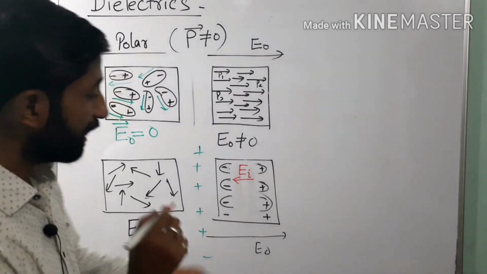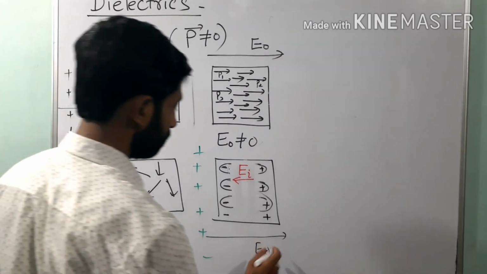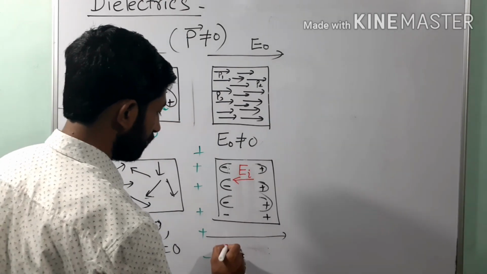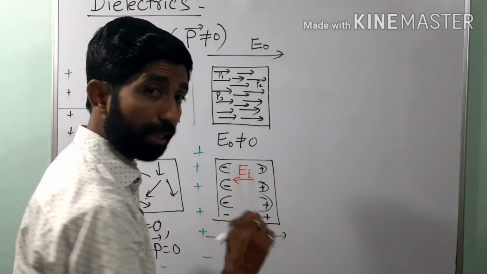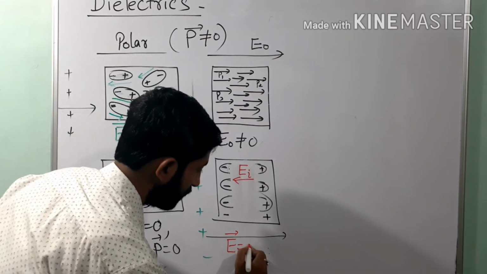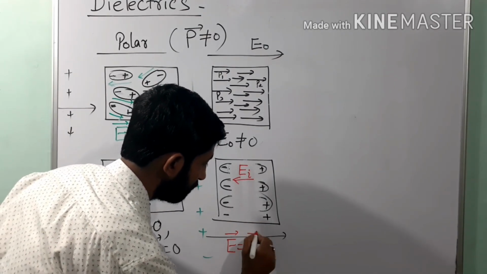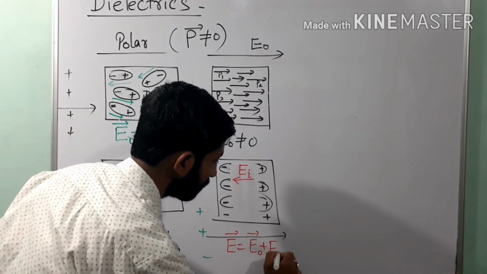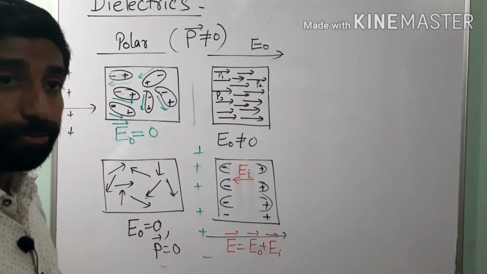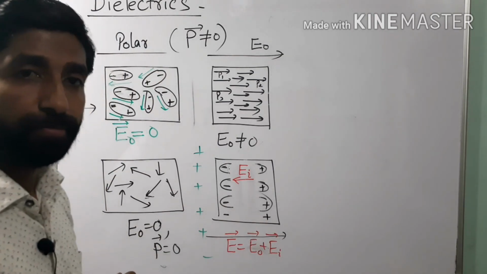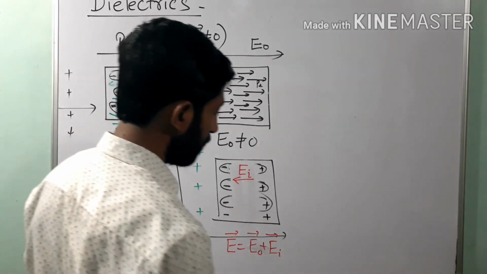So the net electric field will be where? The net electric field is given by E vector. I am writing the vector equation. Remember, this is the external electric field plus the polarized electric field. What about the magnitude? Remember, this is a vector equation. So what about the magnitude?